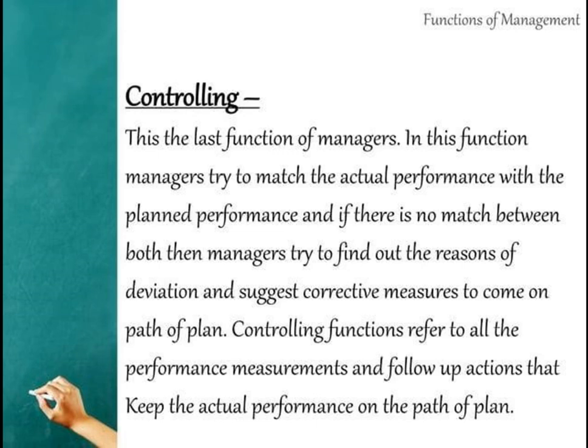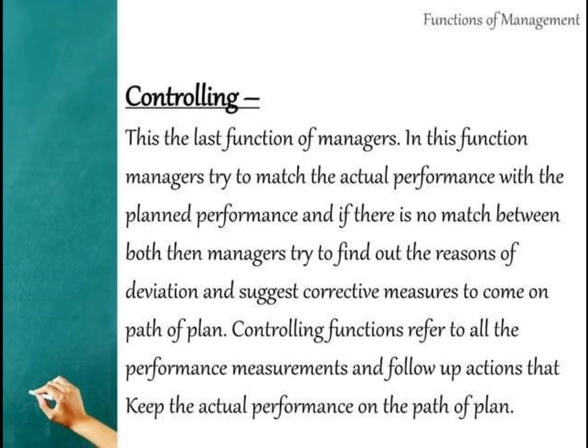This is the last function of the manager. In this function, the manager tries to match the actual performance with the planned performance, and if there is no match between the two, then managers try to find out the reasons for deviations and suggest corrective measures to come back on the path of the plan.